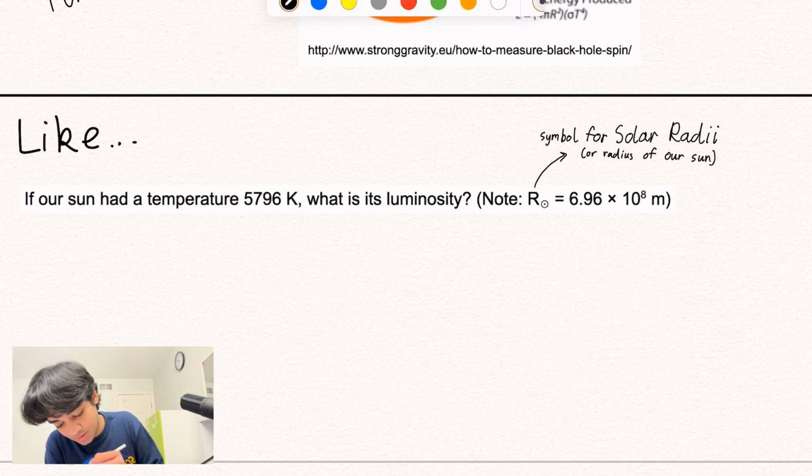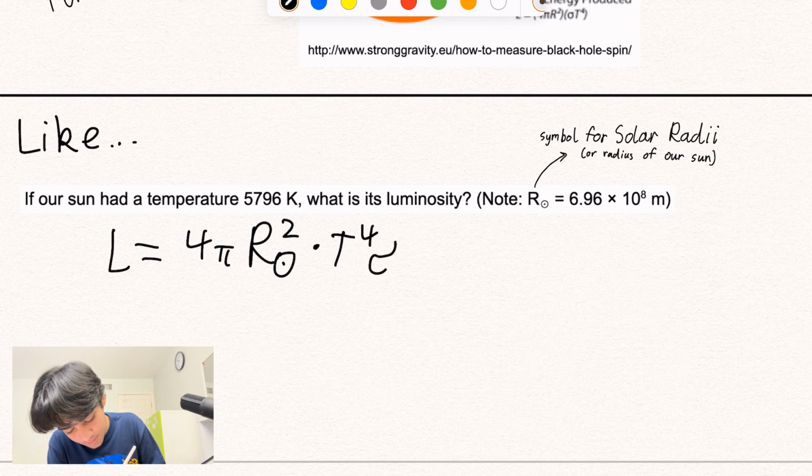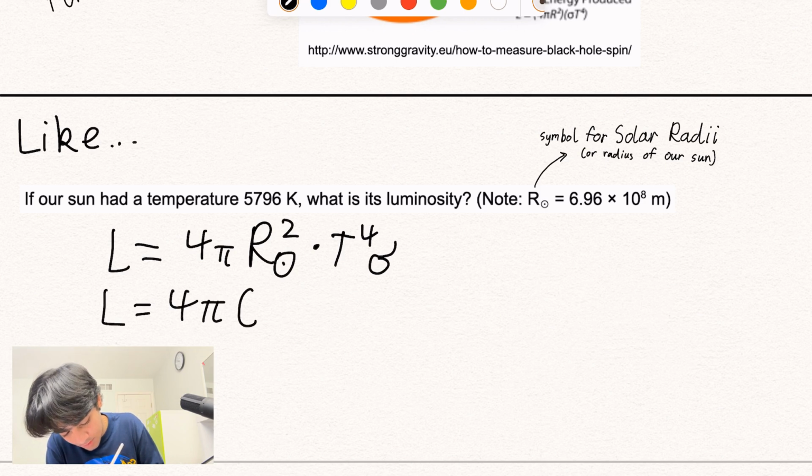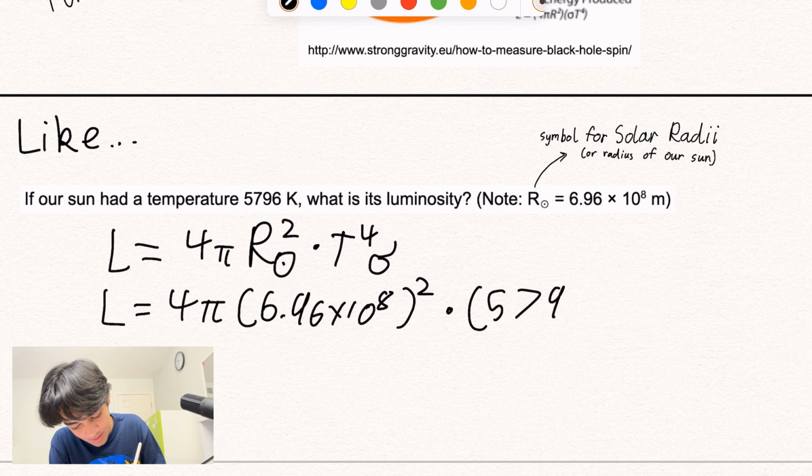So let's start plugging into our formula. So we have luminosity equals 4 pi r squared times T to the power 4 times the Stefan-Boltzmann constant. We have 4 pi, 6.96 times 10 to the power 8 squared, times the temperature, which is 5796 Kelvin to the power 4.